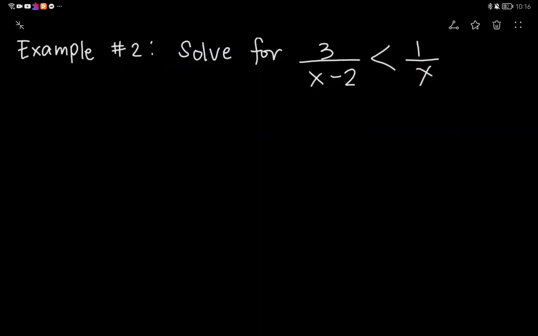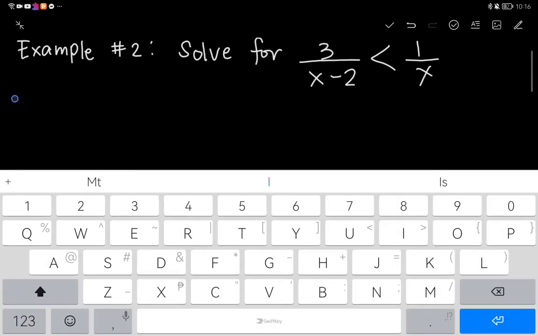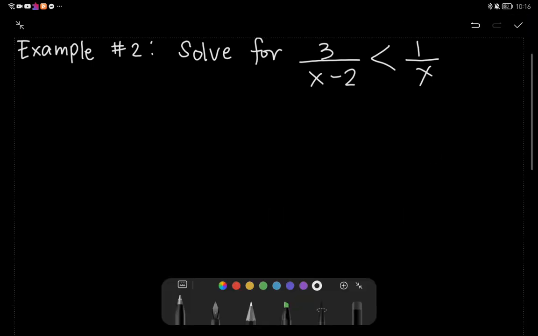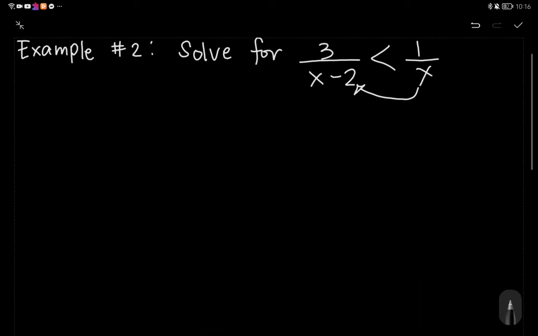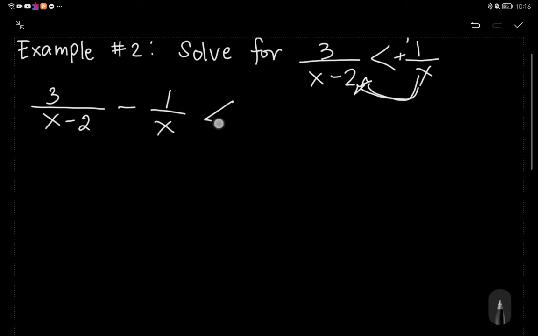Okay. Now let's have example number 2. Same as example number 1, we are going to transfer this one here, making the other side equal to 0. So, mahimo siya yung 3 over x minus 2, minus 1 over x is less than 0.